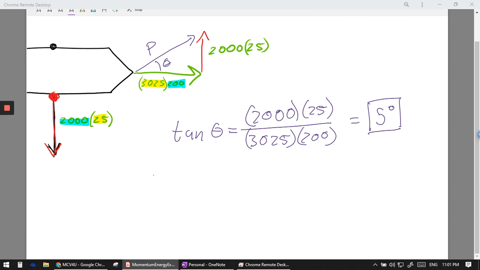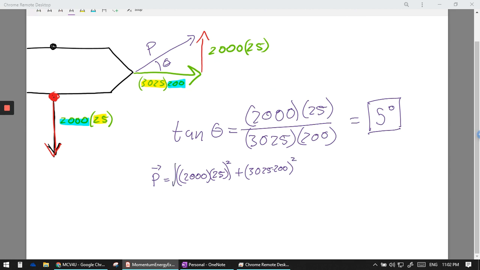P, that's the momentum, is going to be the square root of 2,000 times 25, all of that squared, plus 3,025 times 200, all of that squared.